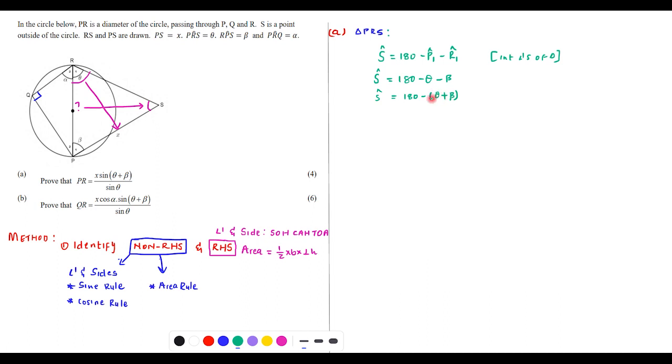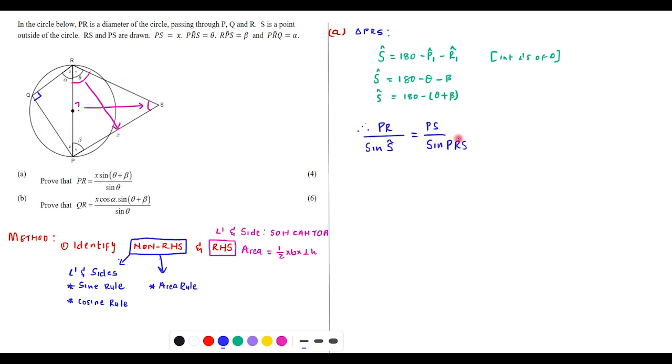Alright, now I know that I have my angle S, and I want to calculate PR. So I'm going to apply a sine rule, as you have seen. I'll say therefore PR over sine S is equal to PS over sine PRS.